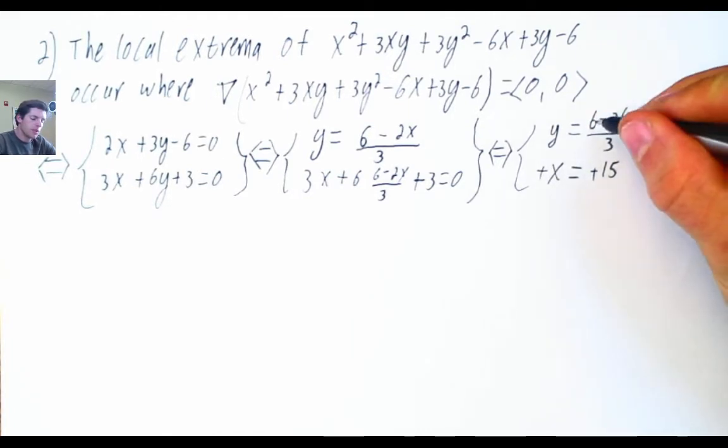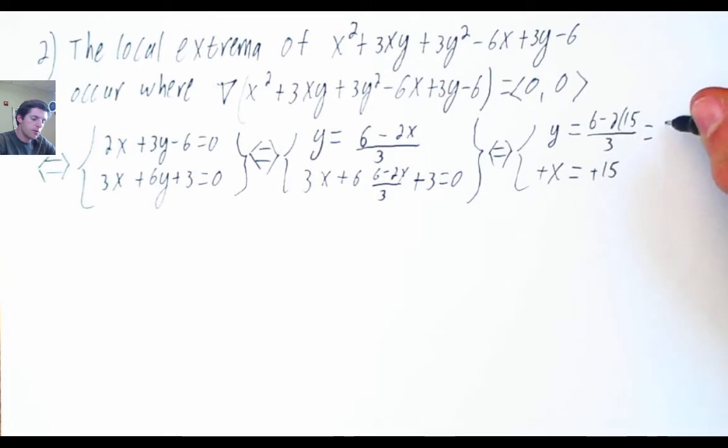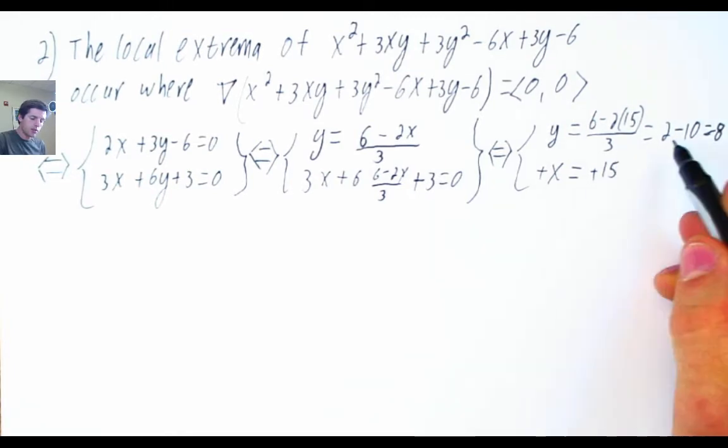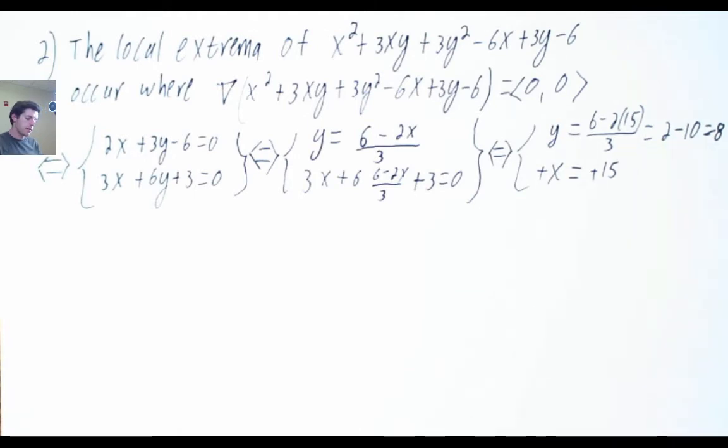This arithmetic I can do. 6 divided by 3 is 2. Minus 15 divided by 3 is 5, so this is 2 minus 10, or negative 8. Okay, so negative 8. I mean, this is just an arithmetic statement here, an arithmetic statement there.